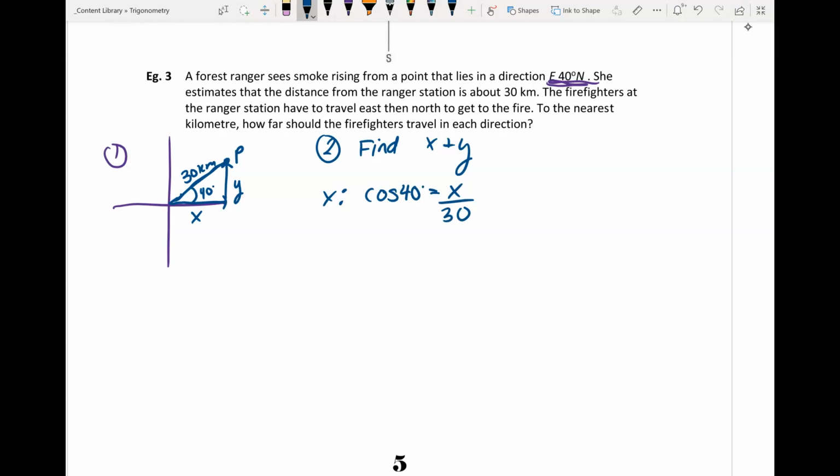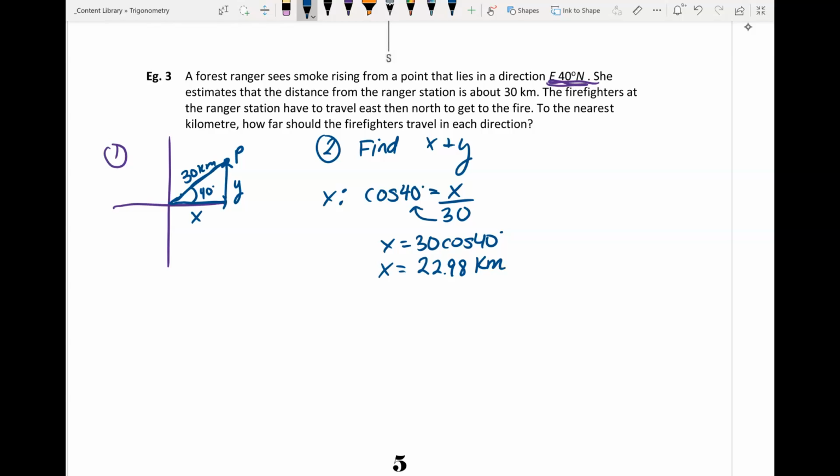Then I'm going to rearrange and solve for x. I'm going to multiply both sides by 30. So that's 30 cos 40 degrees. And then I'll put this into our calculator to see what our x value is, and that's 22.98. Our units are in kilometers.